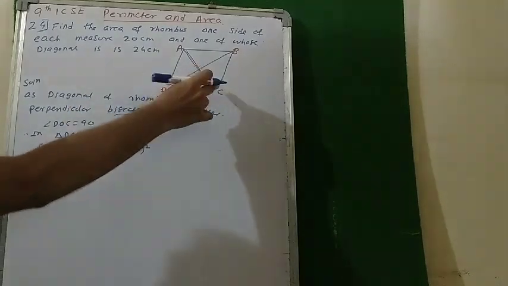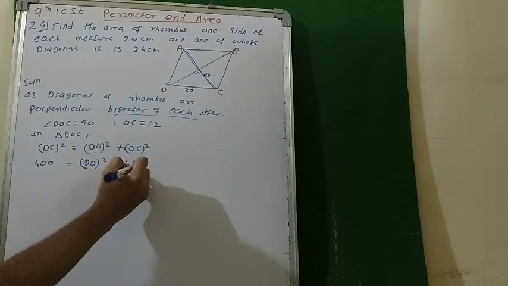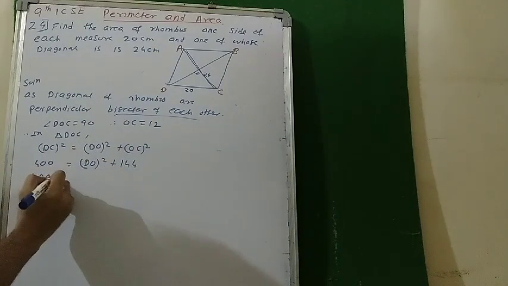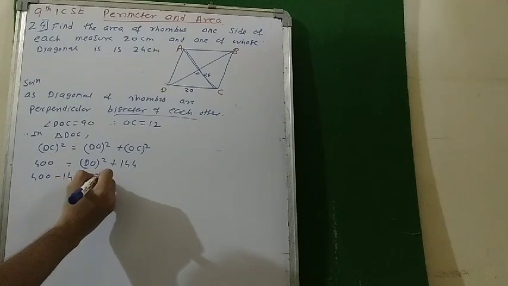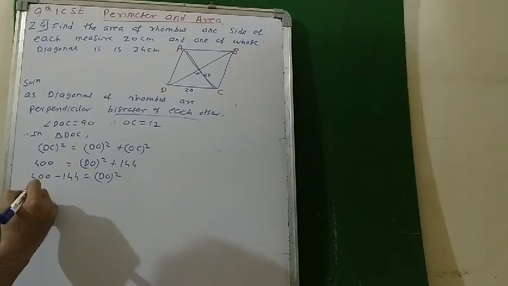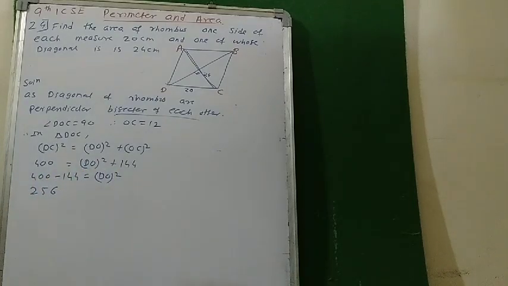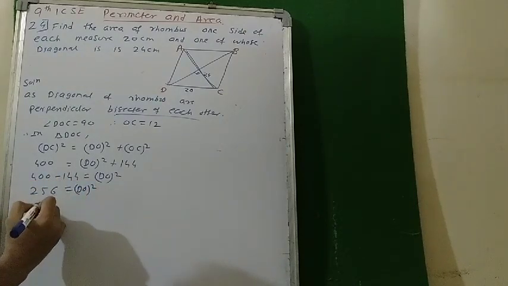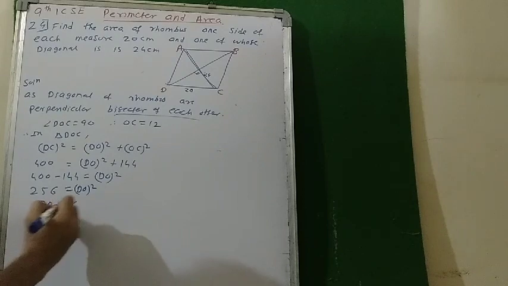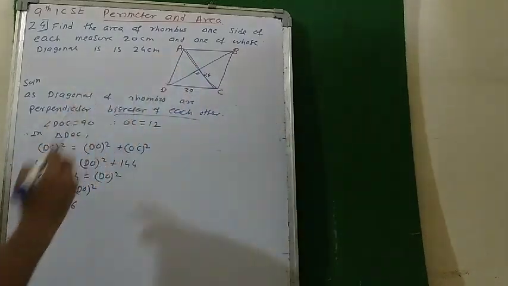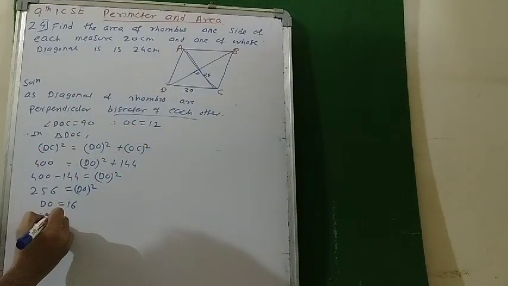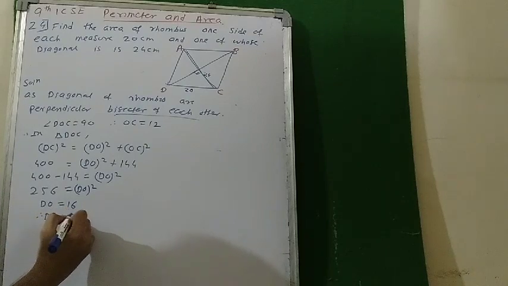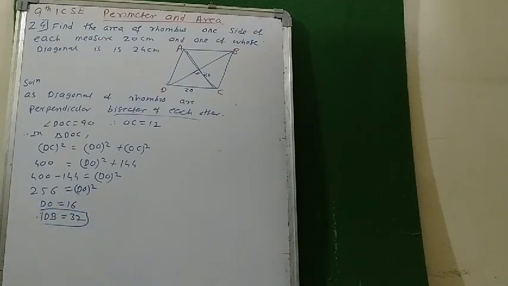And OC is 12, 12 square is 144. So this will come here and get subtracted. So we have 256 is equal to DO square. So DO is equal to 16. DO is 16, therefore BD will be 32, double of it.